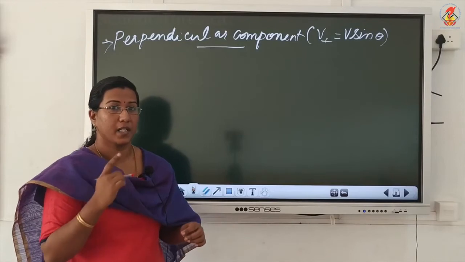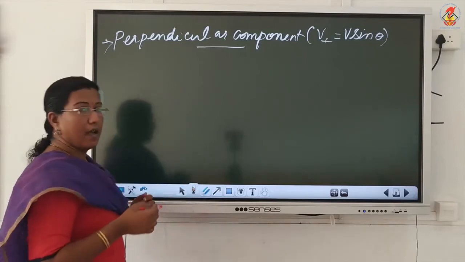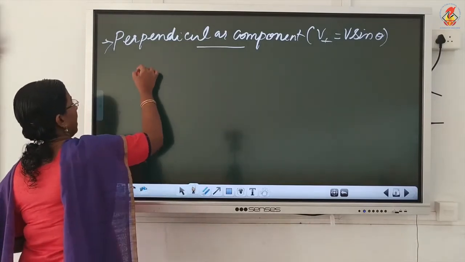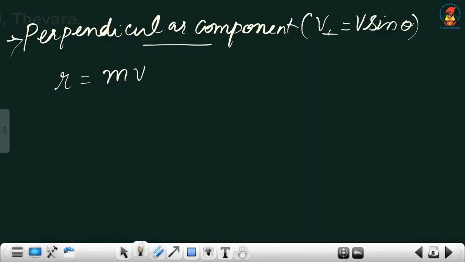Circular path means it will have a radius, and the equation for radius is r equal to mv divided by qB. In our case, v is v perpendicular.